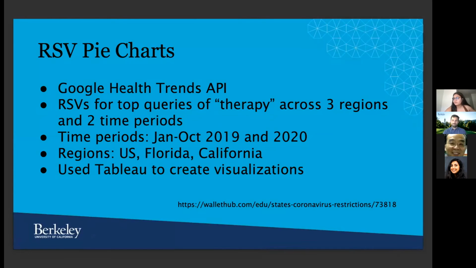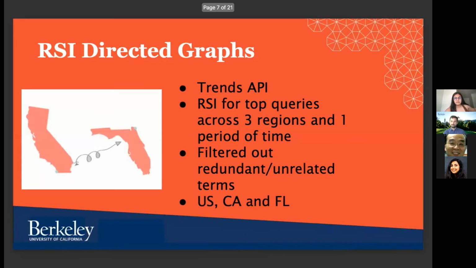So a few of the visualizations that my team created, Robin created RSV pie charts using the Google Trends API, and her specific time period was January to October of 2019, and she compared that to January to October of 2020. And then I created some RSI directed graphs.